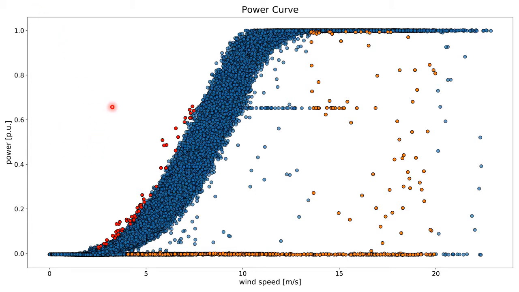Back to our example then, these are the points within the region between the cut-in wind speed and the rated wind speed that are detected as erroneous because they fall outside the upper threshold, and so they get removed.